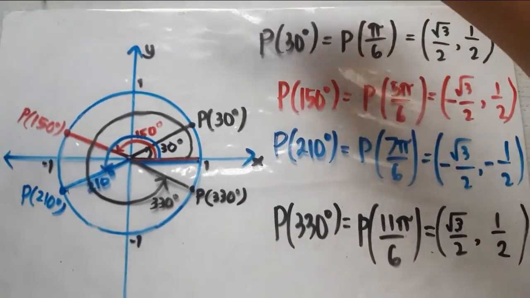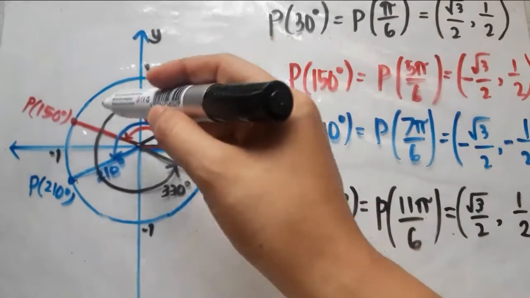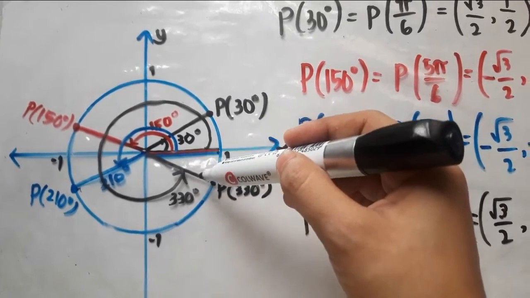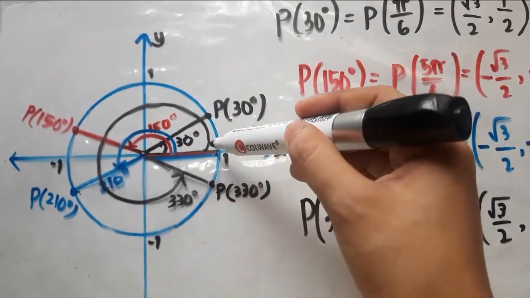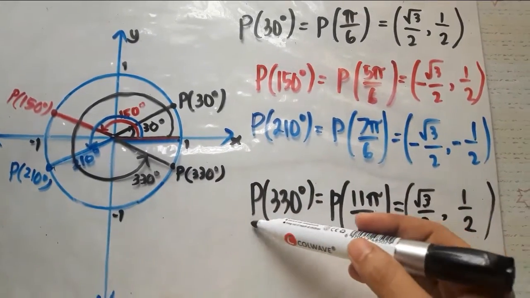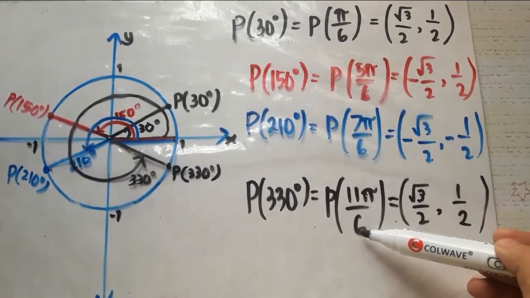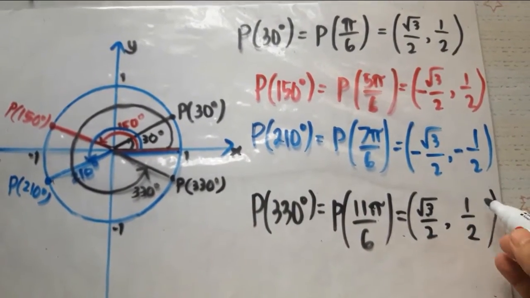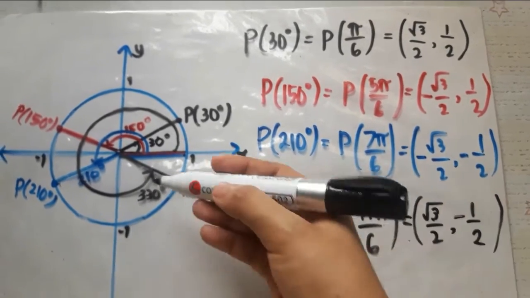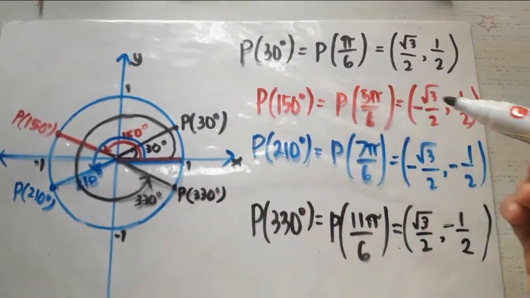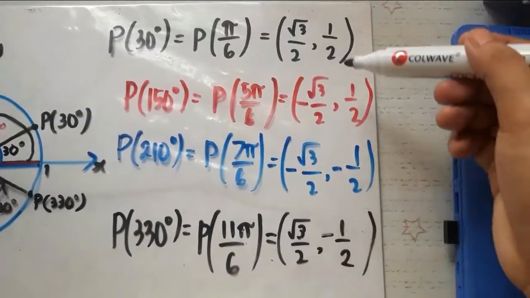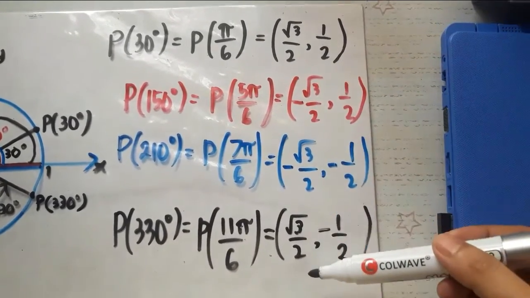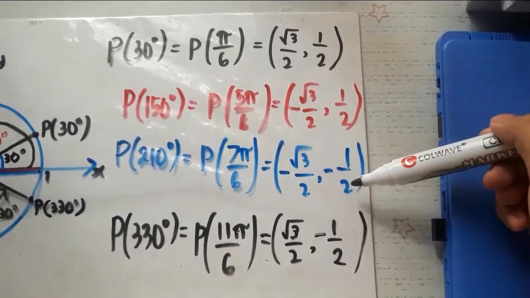And for the last one, for this example, we have 330 degrees. Notice that we have the reference angle 30 degrees because the complete revolution is 360 degrees. Now we have P of 330 degrees or P of 11 pi over 6 is equal to positive on the x-axis because it's in the fourth quadrant and negative on the y-axis. It's located below. Right, so here are the signs of the coordinates of the angles with a 30-degree reference angle from quadrant 1, quadrant 2, quadrant 3, and quadrant 4.